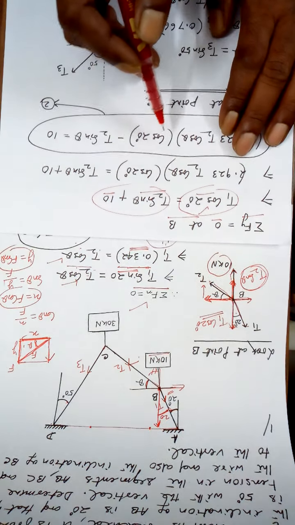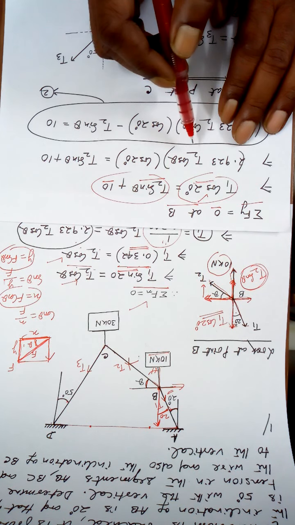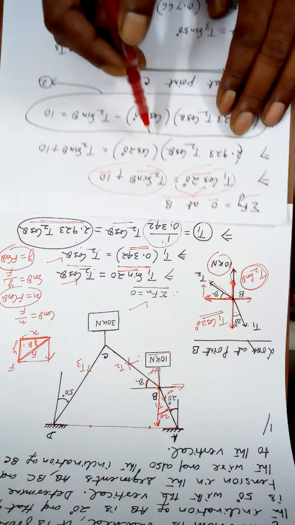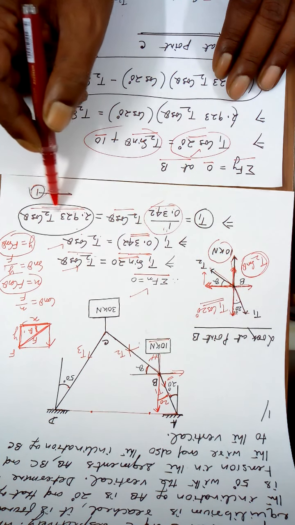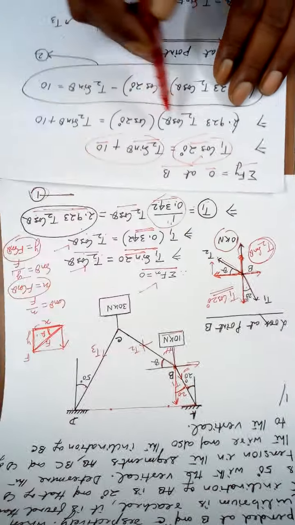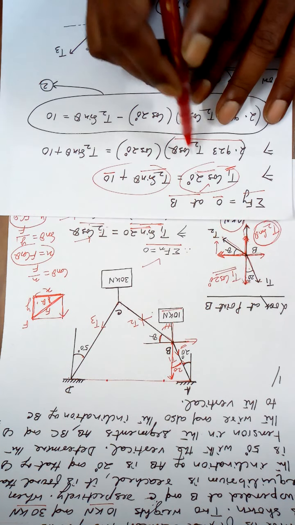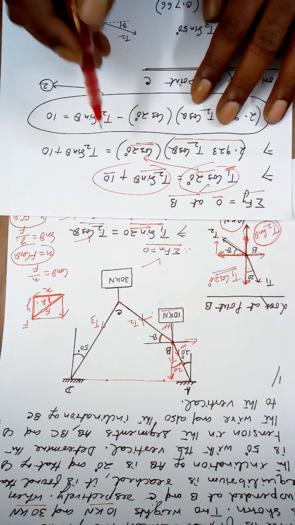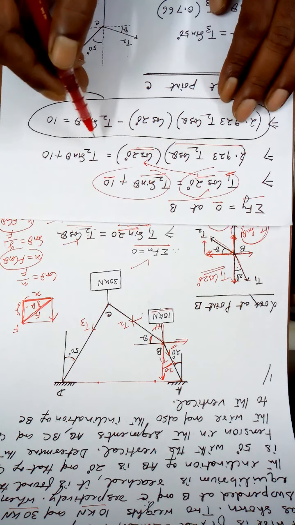Now, for cos 20, we have found out T1 is equal to 2.923 T2 cos theta. So for T1 substitute this. Now cos 20, you can put the value of cos 20 by using a scientific calculator, that I will do later on.